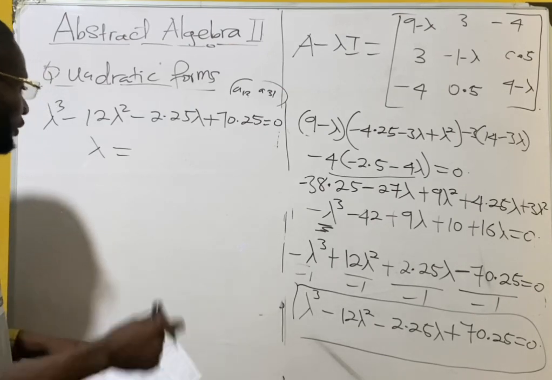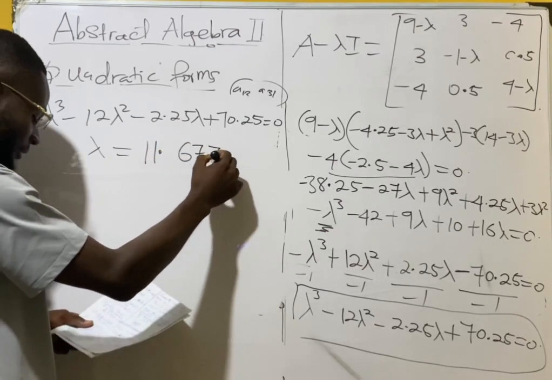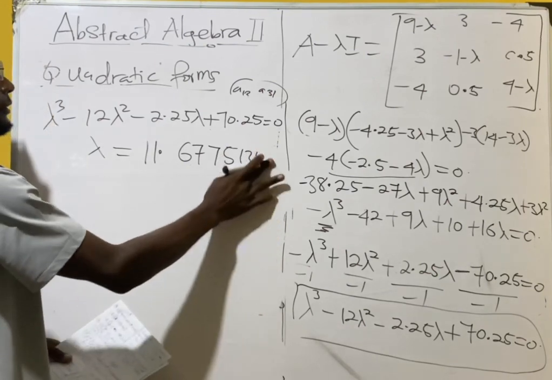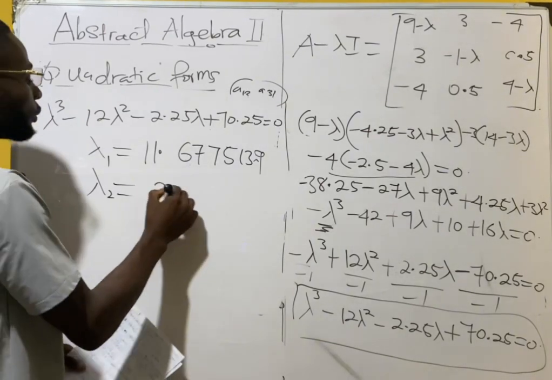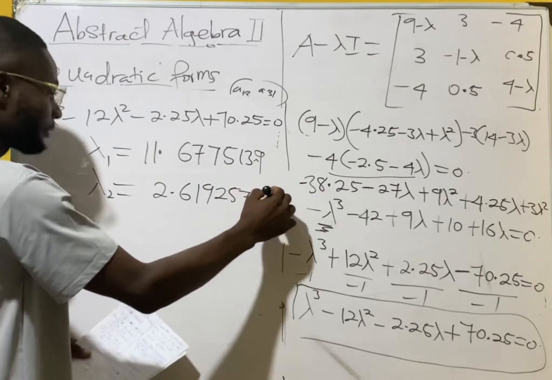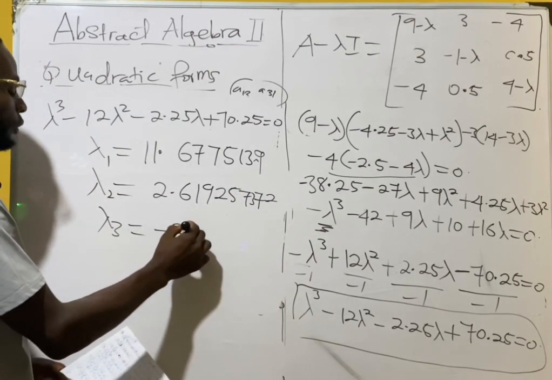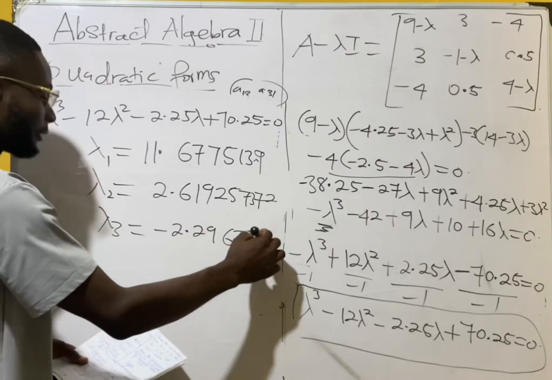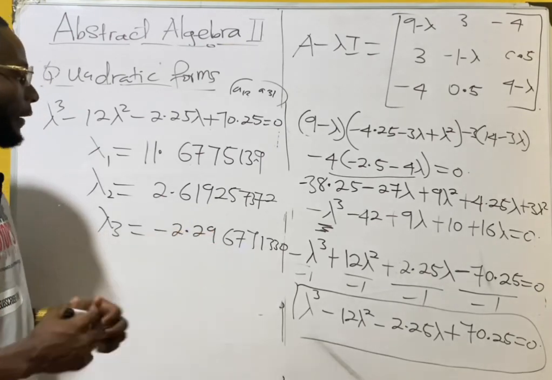So the first value is 11.67751396, and lambda 2 will be equal to 2.6192577372, and then lambda 3 will be equal to negative 2.29677130.